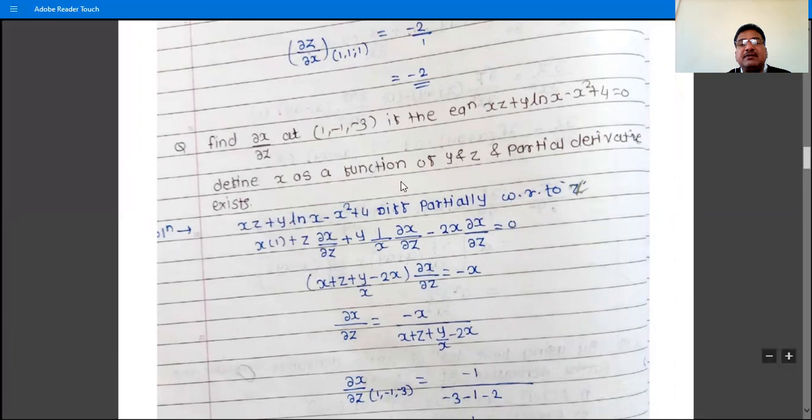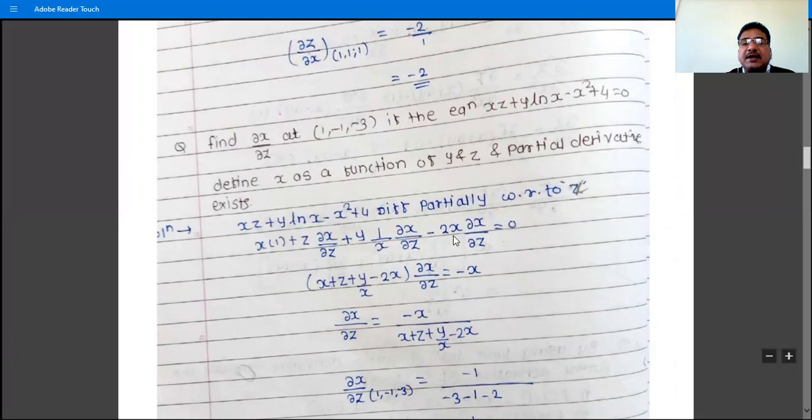with respect to z, y is constant. Y and z are constant with respect to z. With respect to z means y is constant. So y is constant and the derivative of ln x, or log x, is 1 by x times ∂x/∂z, because the derivative is with respect to z and ln x is a function of x. So multiply by ∂x/∂z, minus x square.